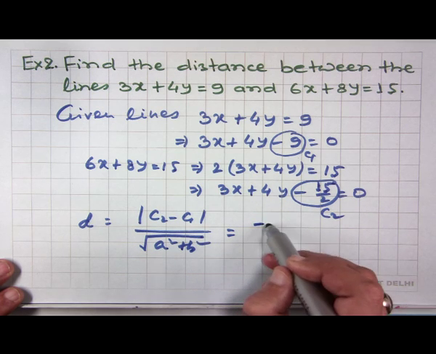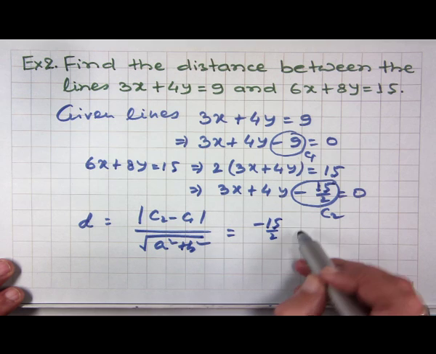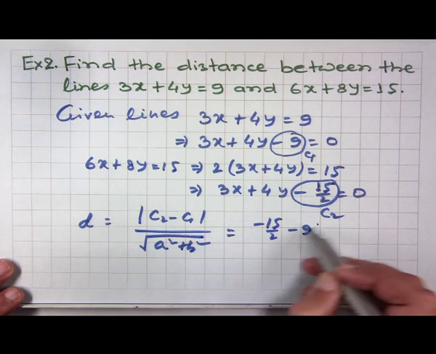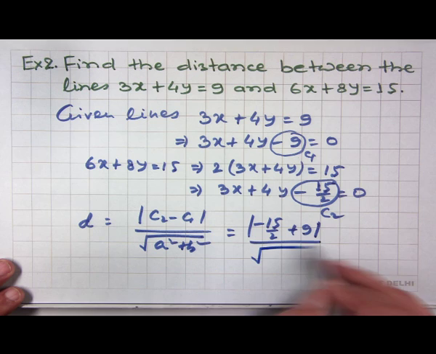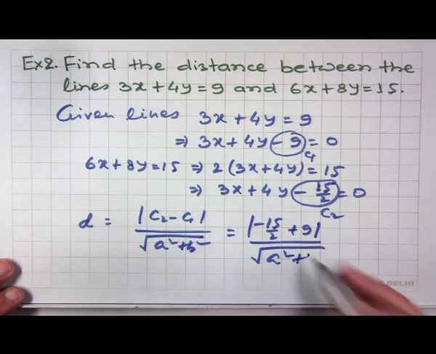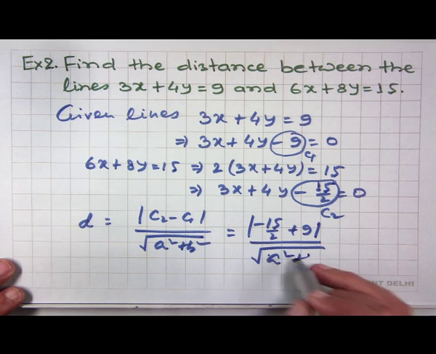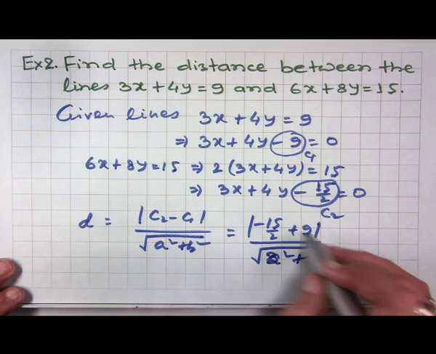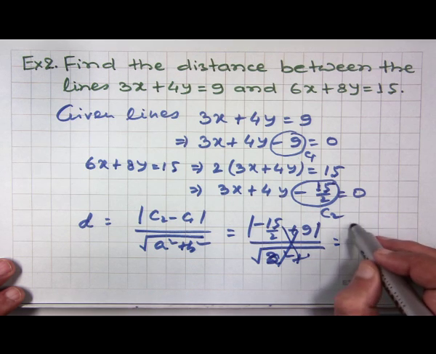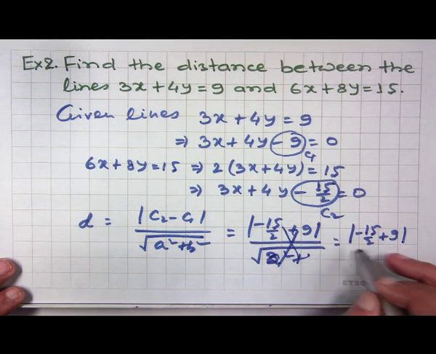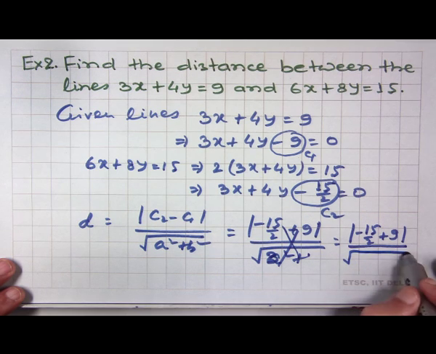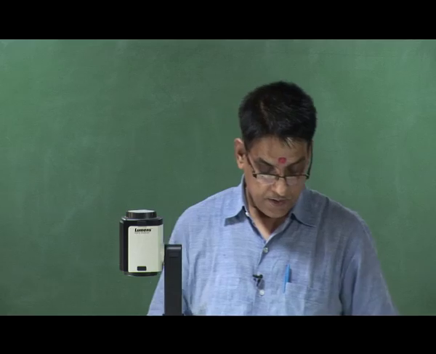So this is mod minus 15 by 2 plus 9 by square root of 3 square plus 4 square.